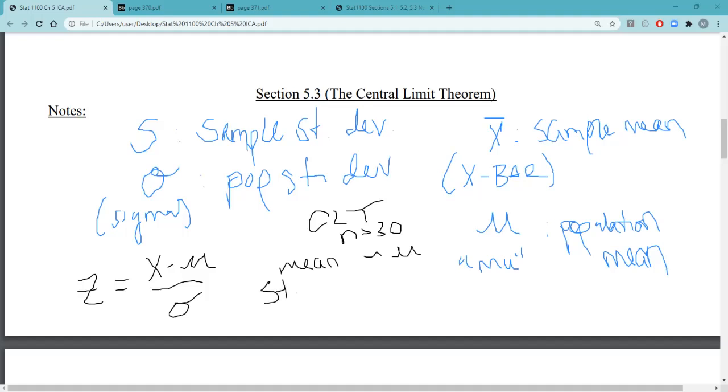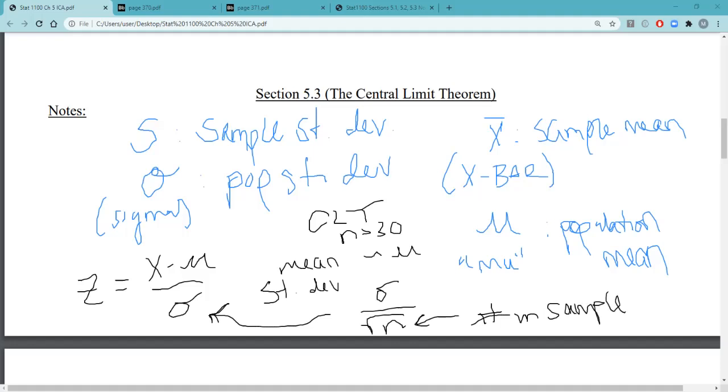And our standard deviation, now instead of just being sigma, is going to be sigma over the square root of n, where n is the number in the sample. So instead of z just being x minus mu over sigma, we now have z equal to x minus mu over that entire standard deviation, sigma over the square root of n.